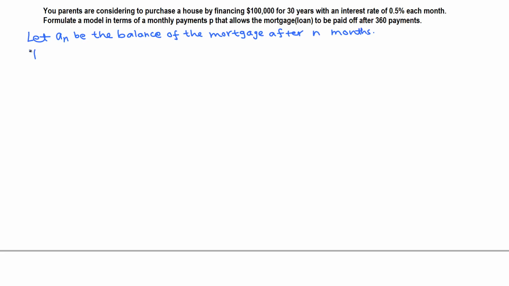Then the initial balance A_0 is 100,000, the balance after 0 months at the beginning. And there is a 0.5% interest rate each month.